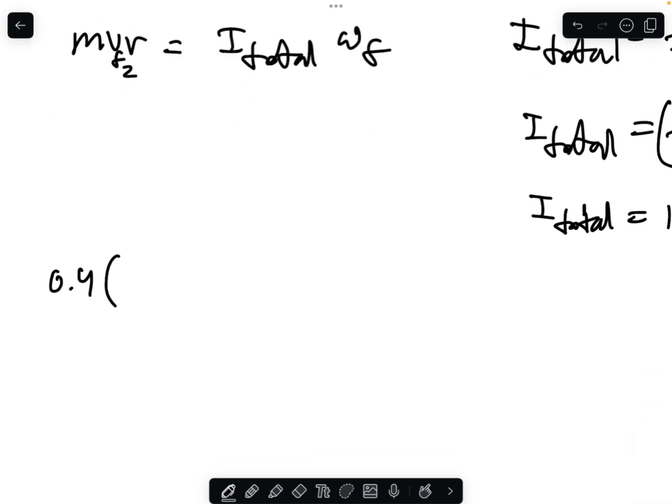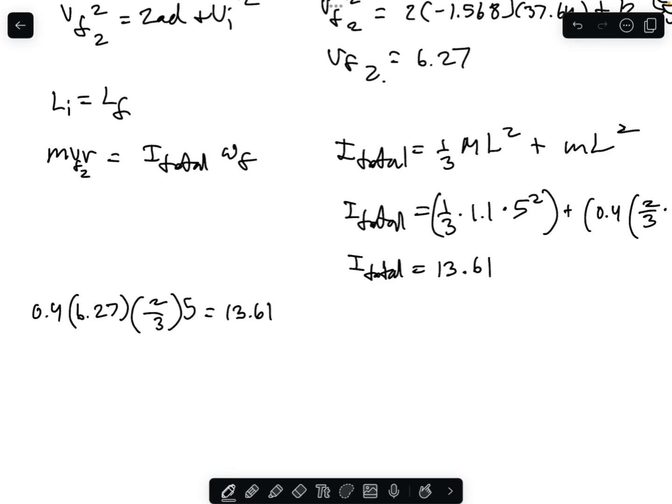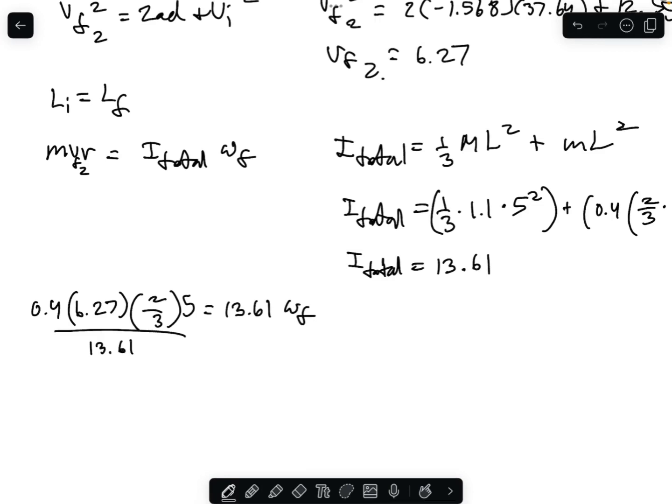So then 0.4 times 6.27 times 2/3 of 5 equals I total, which I got was 13.61, times wf. So if you divide by 13.61, the final angular speed immediately after the collision is going to be 0.61 rad per second.